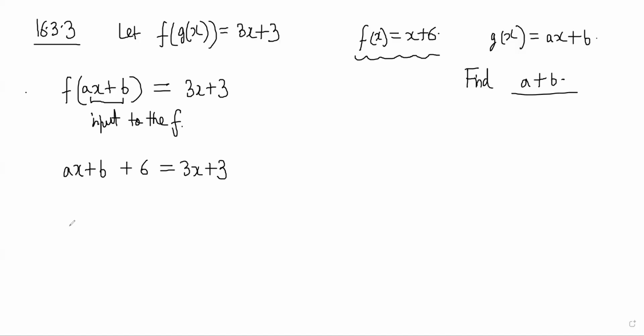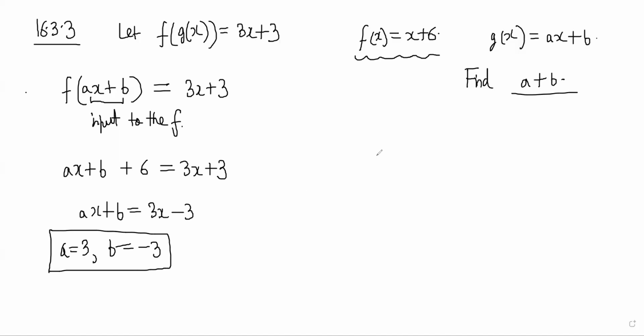What is a and b then? If you bring the 6 to the other side, you get 3x minus 3 is equal to ax plus b. So a is equal to 3 and b is equal to negative 3. And if you add those, it's 0.